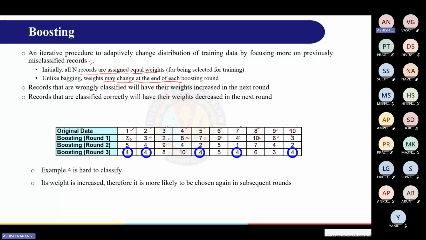And if you look at this, here also three times. So whichever class is hard to classify, that we are picking up. So we are trying to train a model on those examples which it is not able to predict correctly.